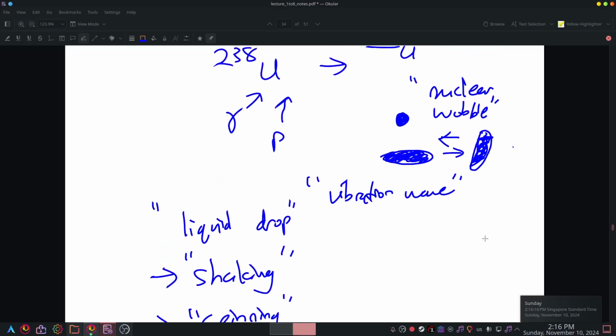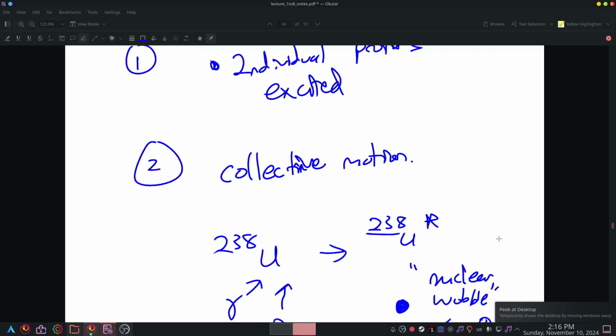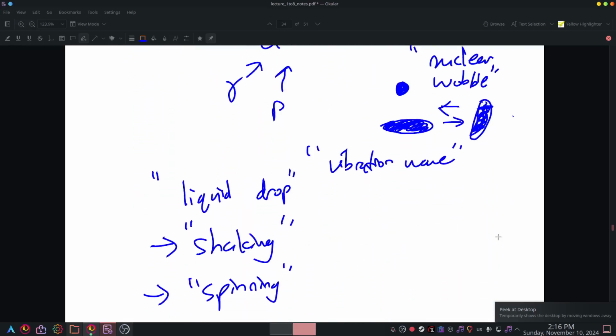All of these are ways that a nucleus can have so-called excited states.